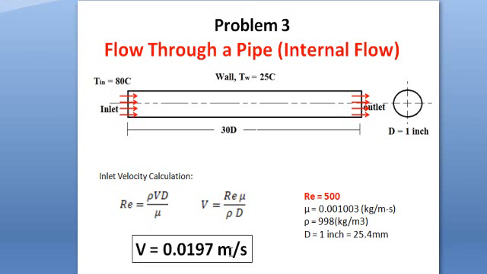As we are doing a laminar flow problem, for laminar flow a Reynolds number less than 1800 is considered laminar. So we will consider Reynolds number 500 to model the laminar flow inside the tube.